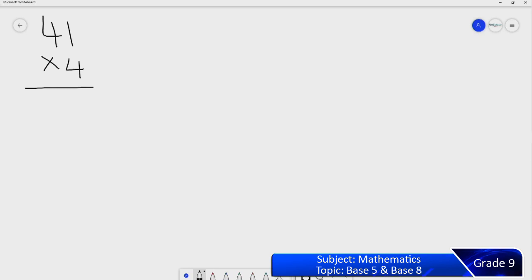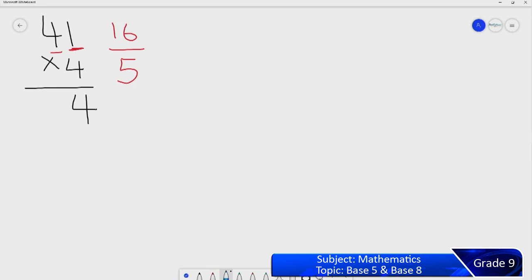So 4 multiplied by 1 gives us 4. And then 4 multiplied by 4 gives us 16. But we can't write 16 in. We have to put the 16 outside. And then we have to divide it by 5 because we're dealing with the base 5 number system.